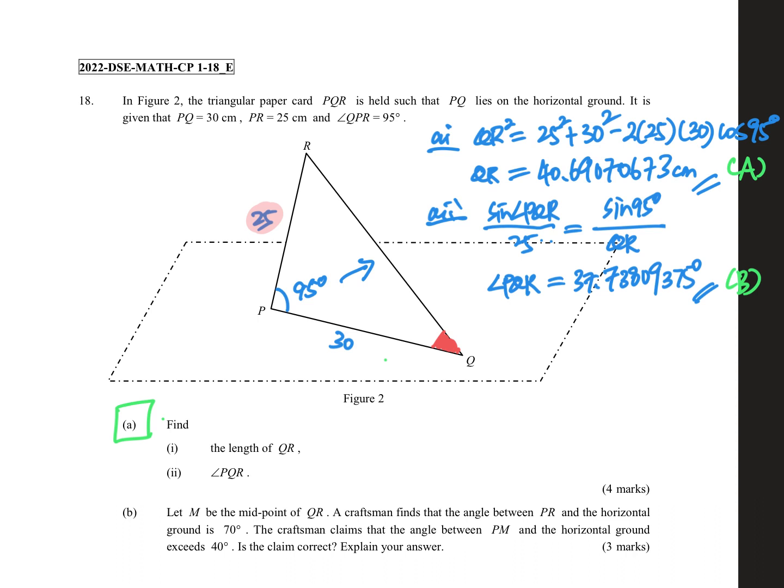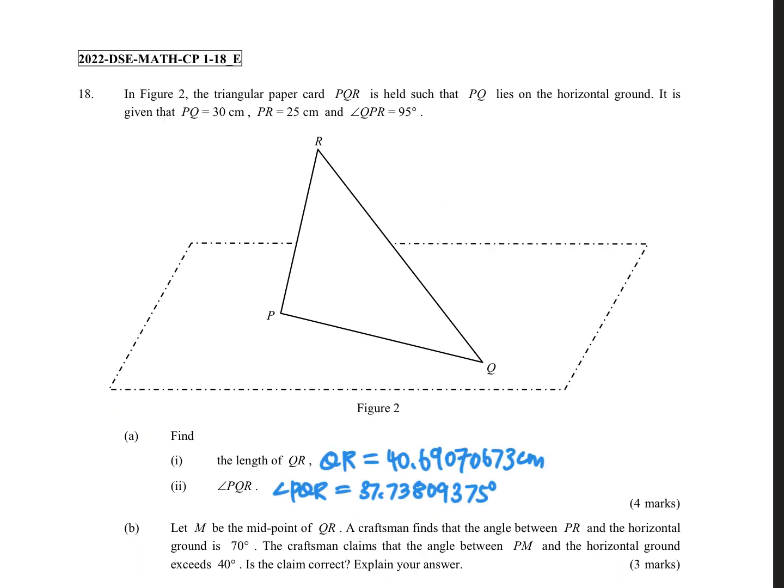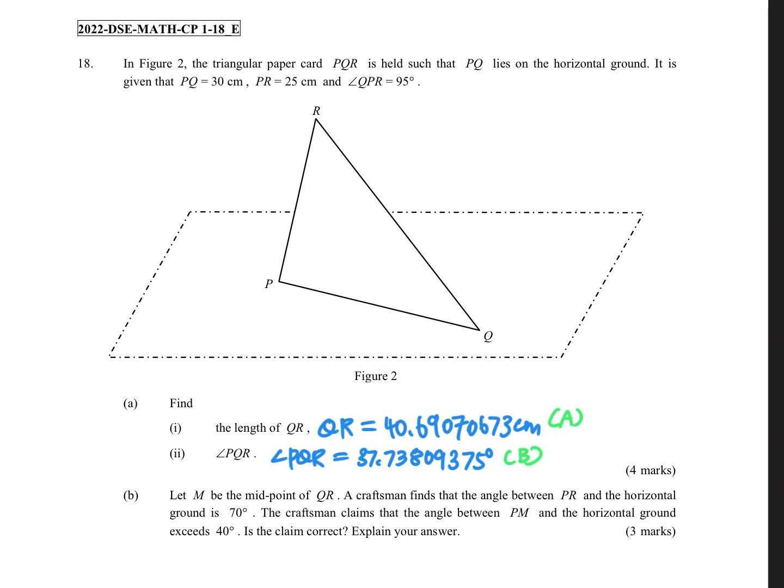Okay, part A done, and then we go to part B. In part B, I try to mark down all the information. So this is A, and this is B. In part B, let M be the midpoint of QR.